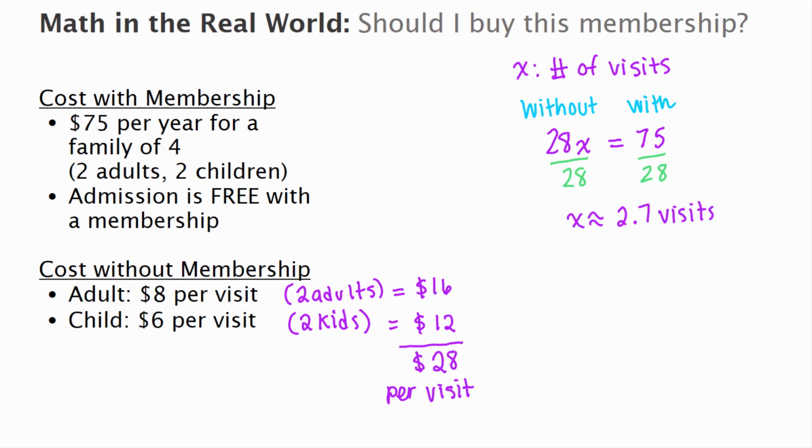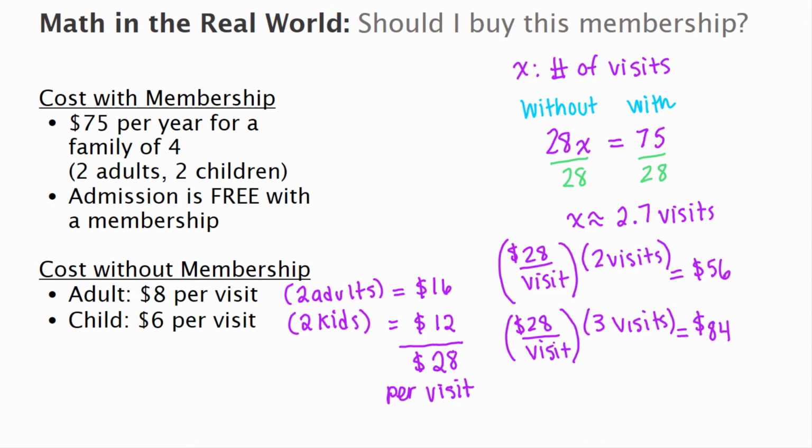Now, in this type of example, we can't really have a partial amount of visits. However, with some types of units like money, we can have partial amounts like decimals or fractions. So what we need to do is analyze the two whole numbers around this number 2.7. So I'm going to look at 2 visits and 3 visits and compare those two amounts.